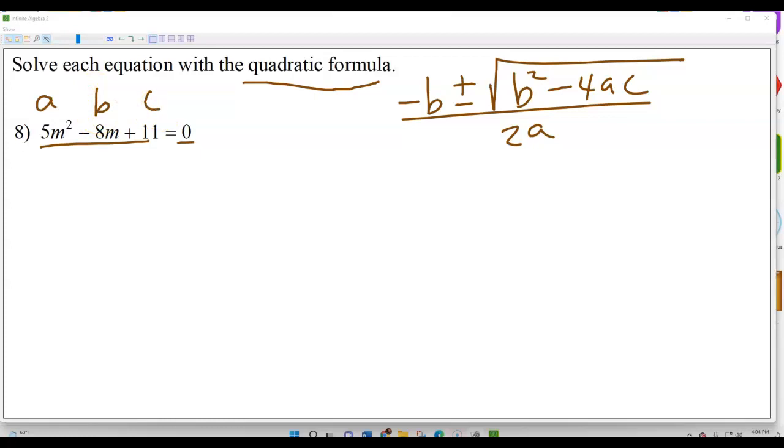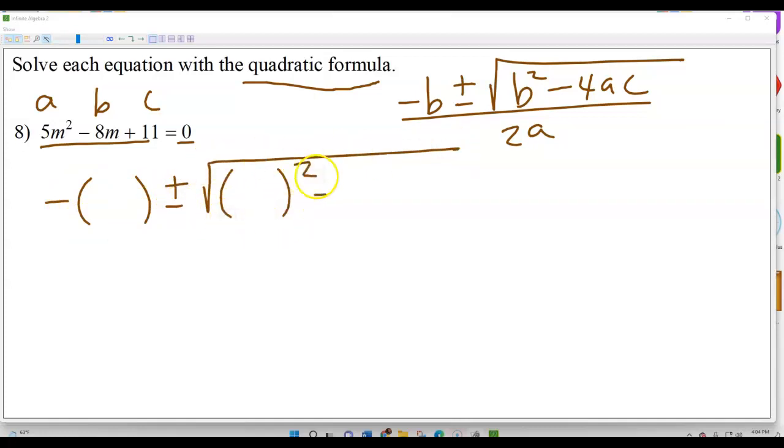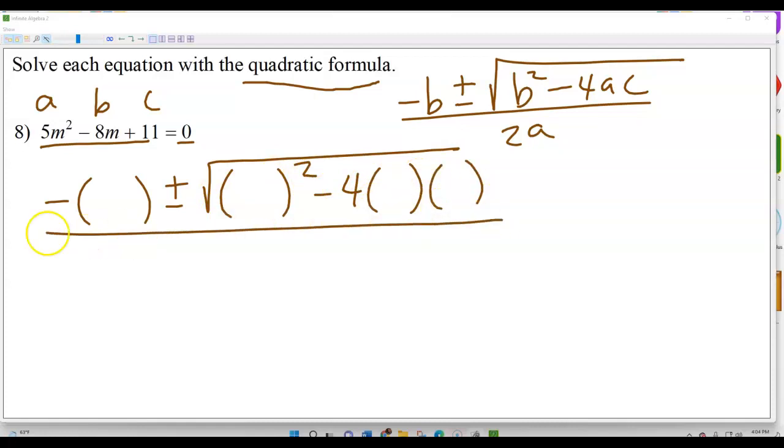And so basically we just plug all these numbers in just the way that they are. You don't plug any variables into the quadratic formula, only numbers, just so you know. So when I plug my b in, I'm just going to put the negative 8. I'm not going to put the m in there. Same thing here. My a is 5, and my c is 11.